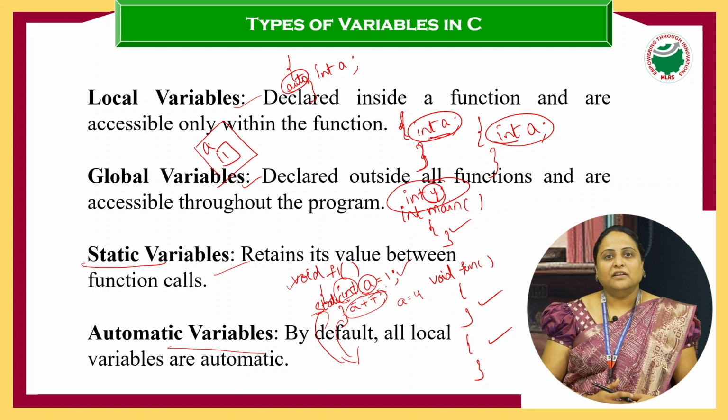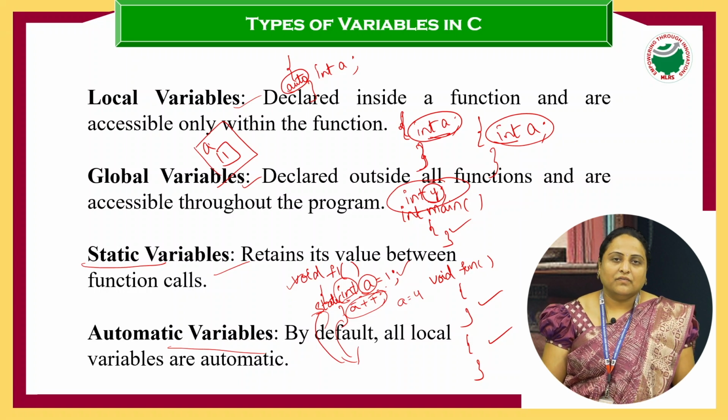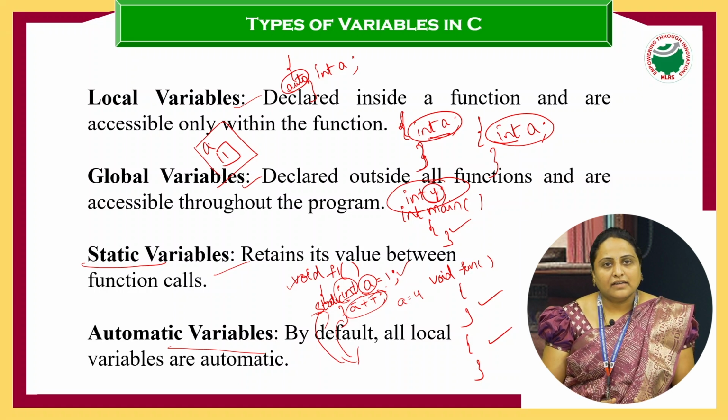So these are different parts of the program where you can declare a variable. The first one is local variable. You can declare a variable inside a block or inside a function so that the variable can be accessed in that block or in that function only. Once the block execution is completed, outside the block you can't access that variable anymore, which is called a local variable.